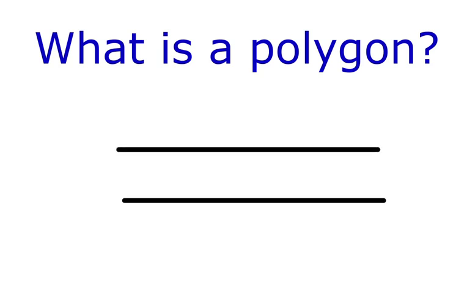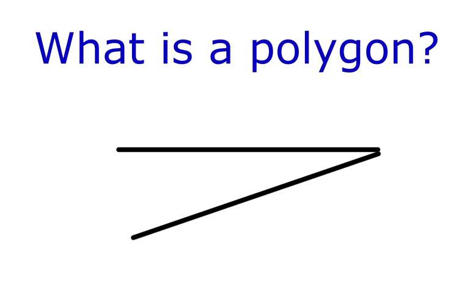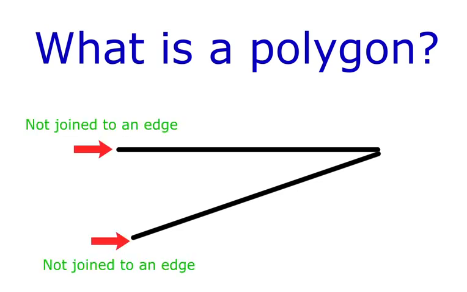For instance, let's say we had two edges. What happens if we try to join these two edges? Well, you can see what happens. When you join just two edges, one side of the edge is not joined to anything else.